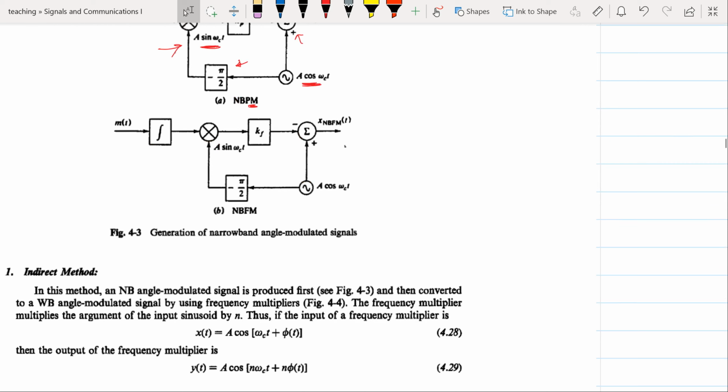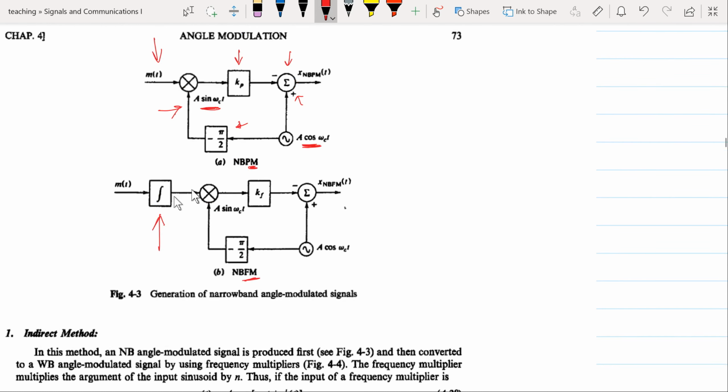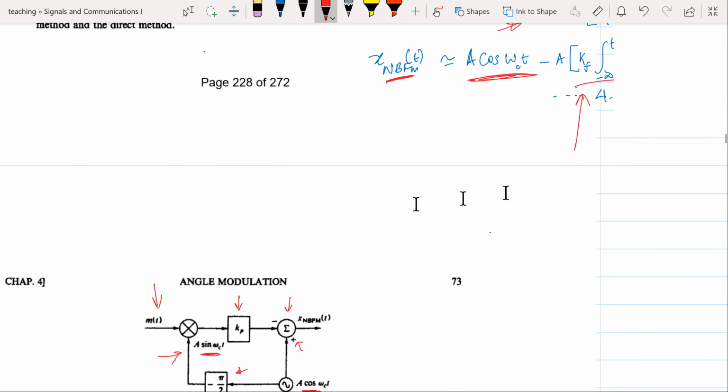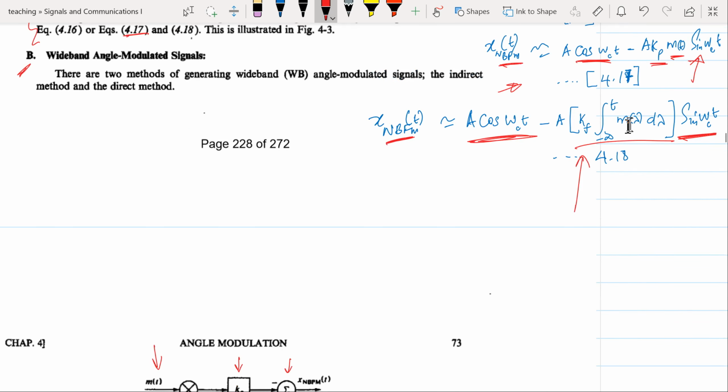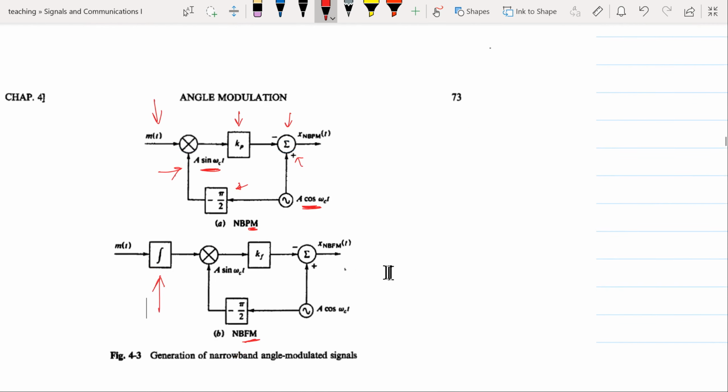Similarly, for the narrowband frequency modulated signal, we start first and foremost with an integrator that is going to integrate our signal over time, as we have seen in equation 4.18. Once we have done that integration, you multiply with the carrier that is phase shifted with minus pi over 2 radians.